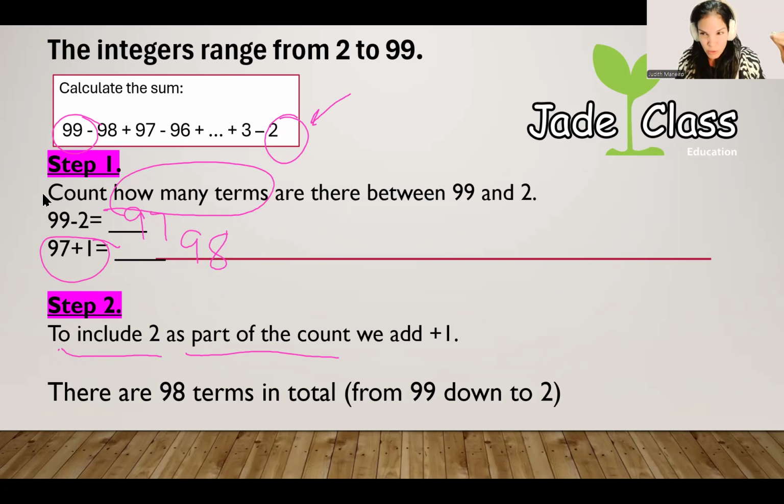We cannot just leave the 2 out. So we have to add one more as one of the numbers here. If it was 99 to 1, then it would be just 99, but it's 99 to 2. So that's why the answer is 98 integers. And then we're going to keep going to the next step.